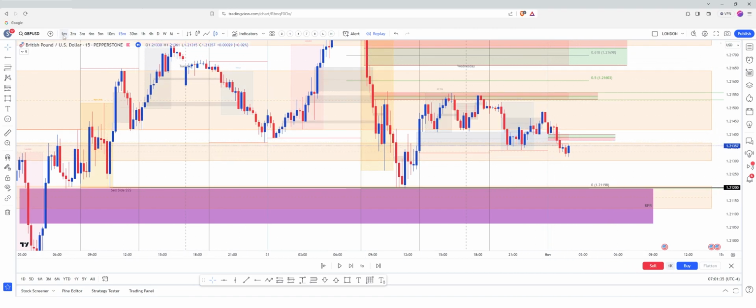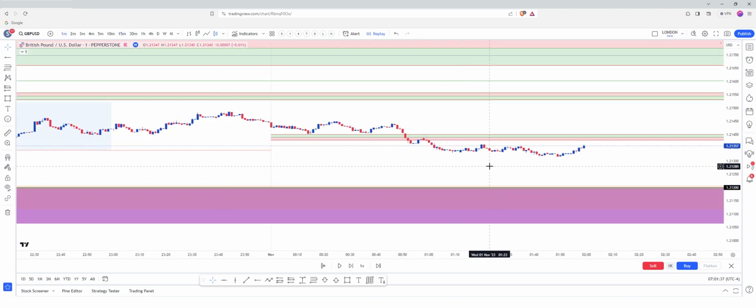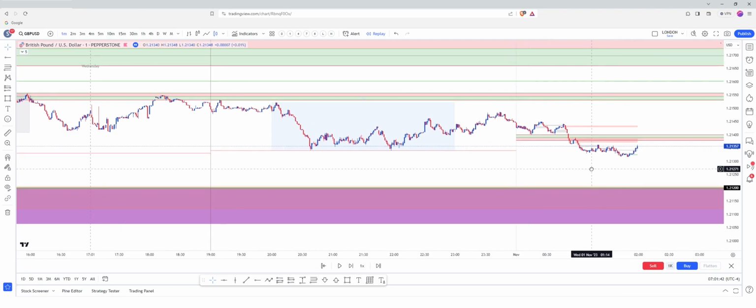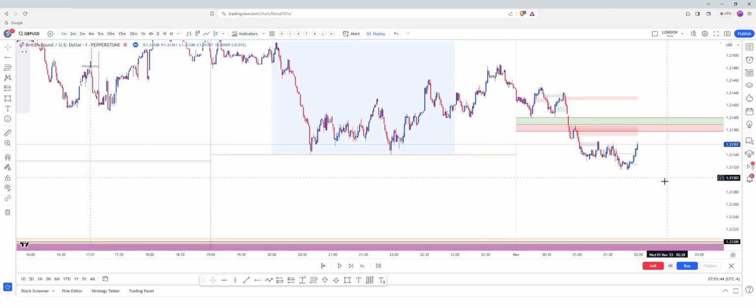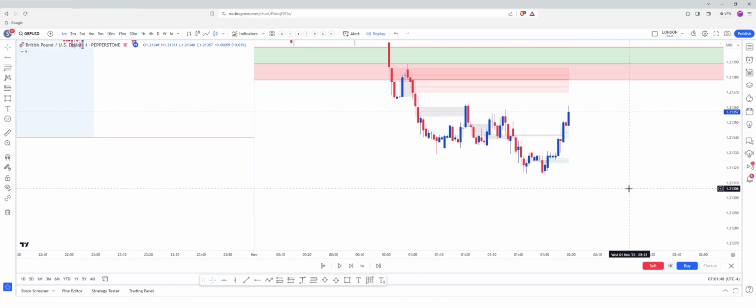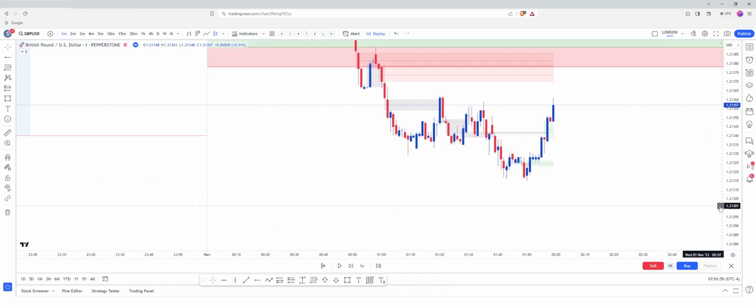I'm going to start straight onto the 1 minute time frame because we have just had a sweep of liquidity taking the New York and Asia lows here. We know our entry model is going to be the breaker block with fair value gap entry model, so the unicorn model.